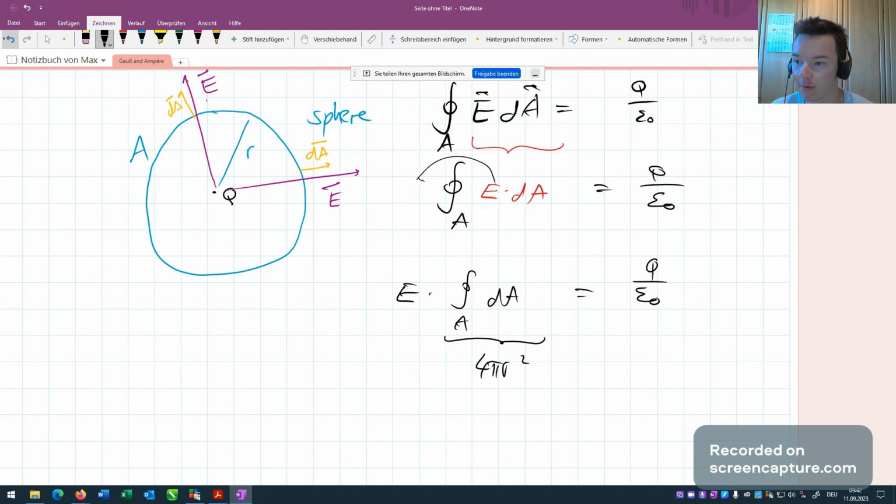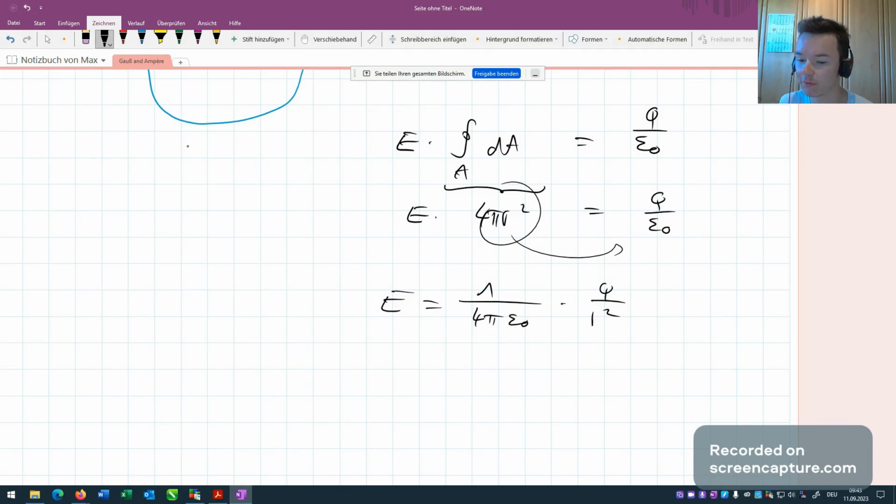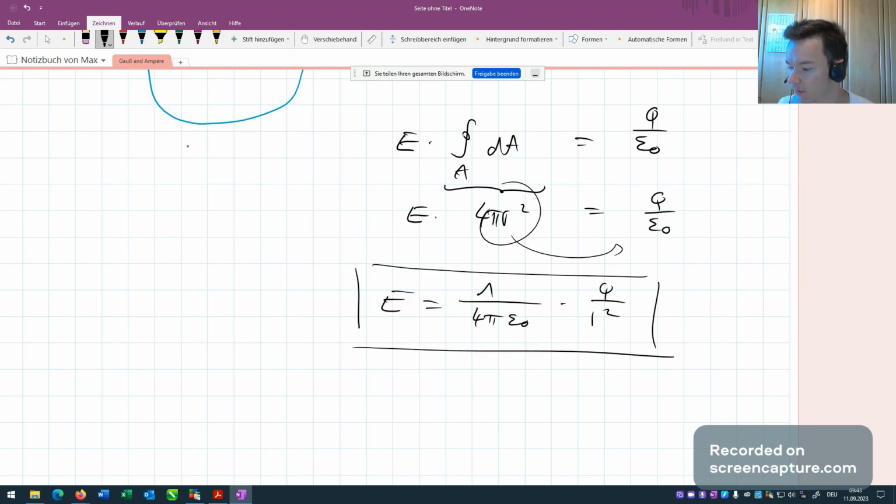That's just a formula you can know from your formula books. And there's E, and that gives us Q divided by epsilon 0. So we can pull that one on the other side, which gives us E equals 1 over 4 pi epsilon 0 times Q divided by r squared, which is the known Coulomb's law for the electric field, derived from Gauss's flux theorem.